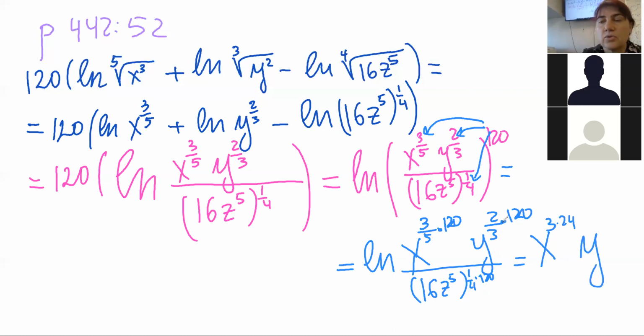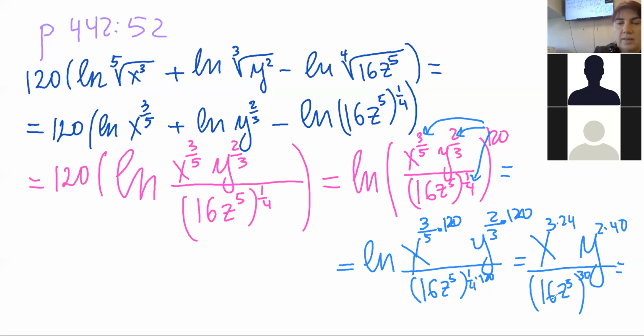The reason this is not so bad is because 120 divides by each of the fractional exponents' denominators. 120 divided by 3 is 40, so it's going to be 2 times 40, and the denominator would be 16z to the 5th, the whole thing. 120 divided by 4 is 30, right?